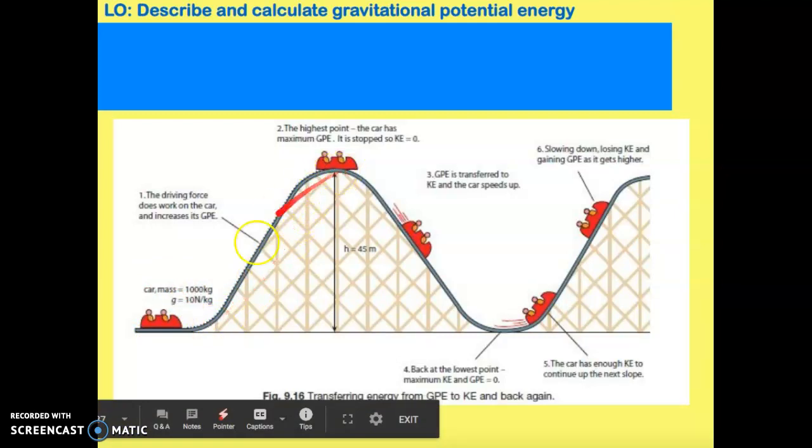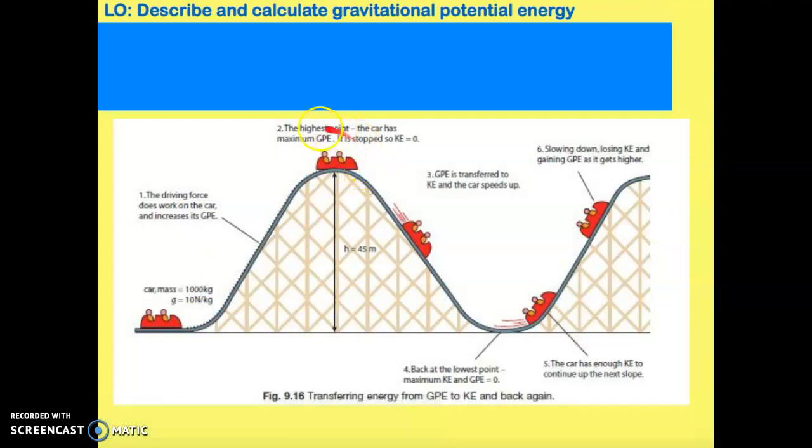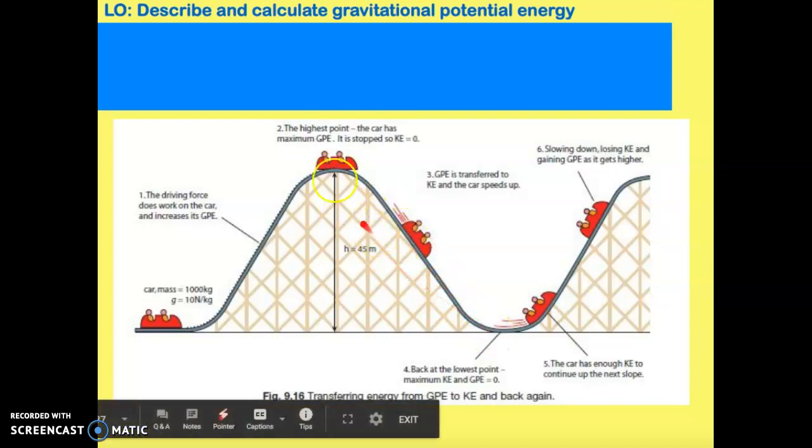and up and up, all of that kinetic energy to lift me up to the top is being transferred into gravitational potential energy. Once I reach the highest point, that means I'm at my maximum gravitational potential energy, and then I start to go down. Again, that starts to convert back into kinetic energy.